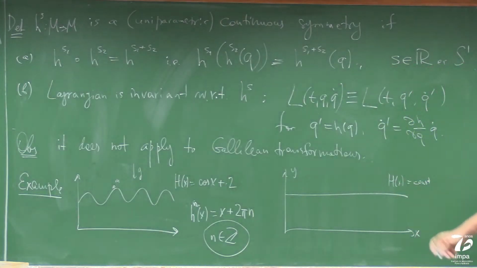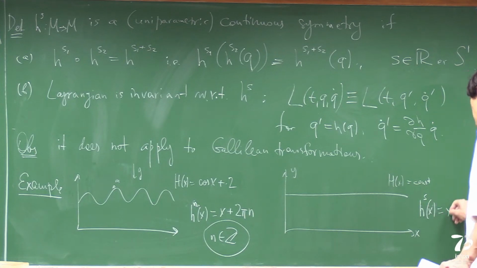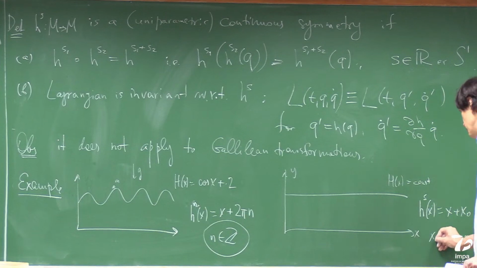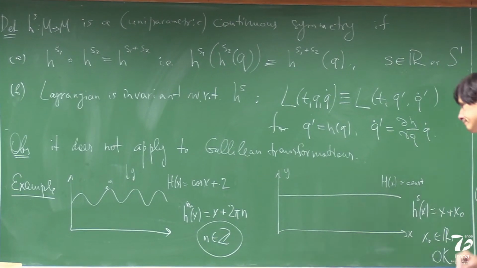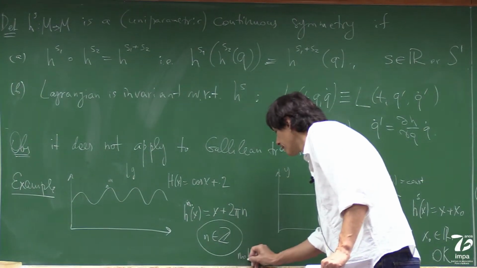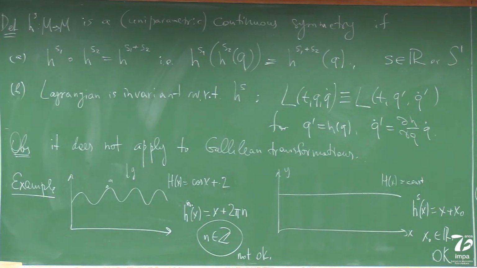If it's constant, then our transformation can be just adding any number, and it works. It's a symmetry. So this is okay. This is not okay.